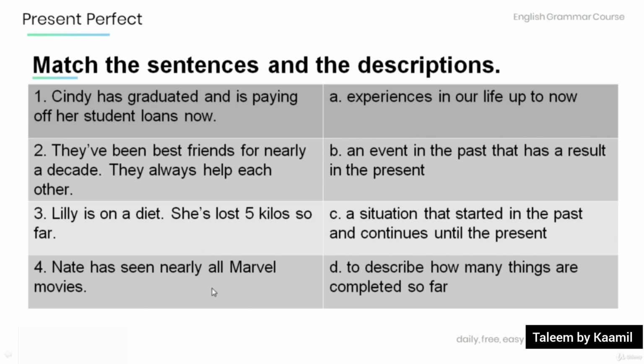Nate has seen nearly all Marvel movies. A. Experiences in our life up to now. B. An event in the past that has a result in the present. C. A situation that started in the past and continues until the present. D. To describe how many things are completed so far.